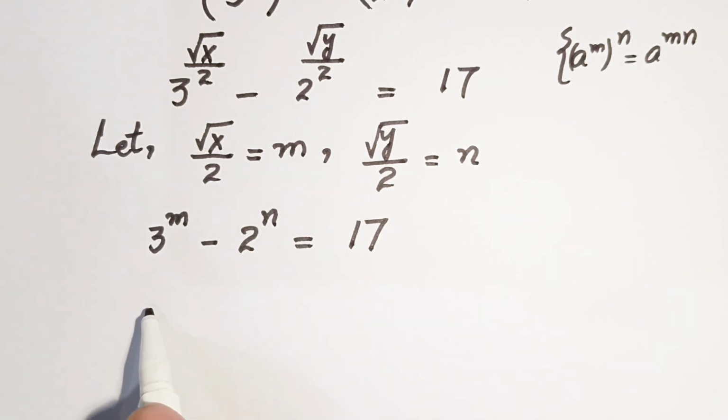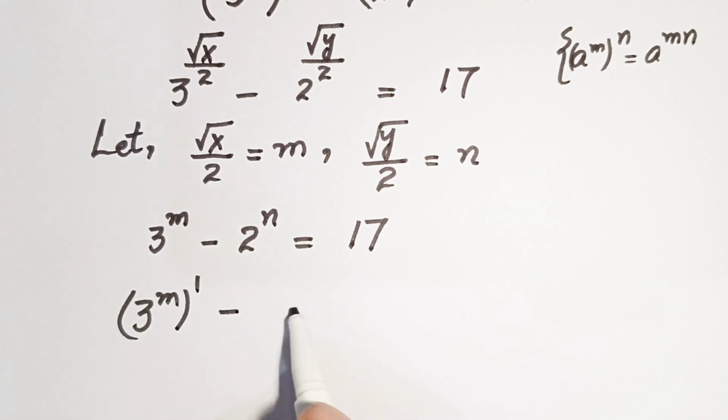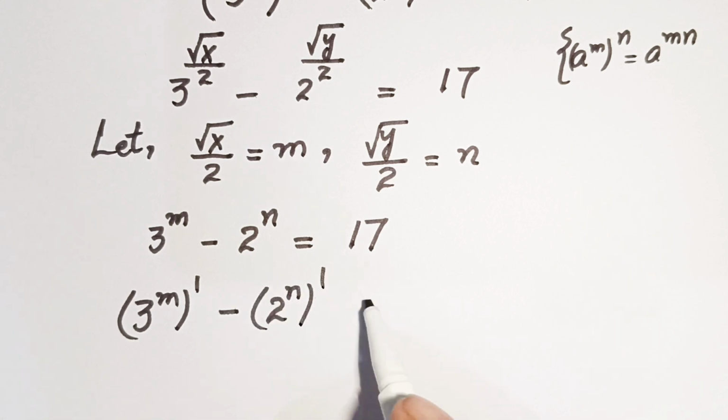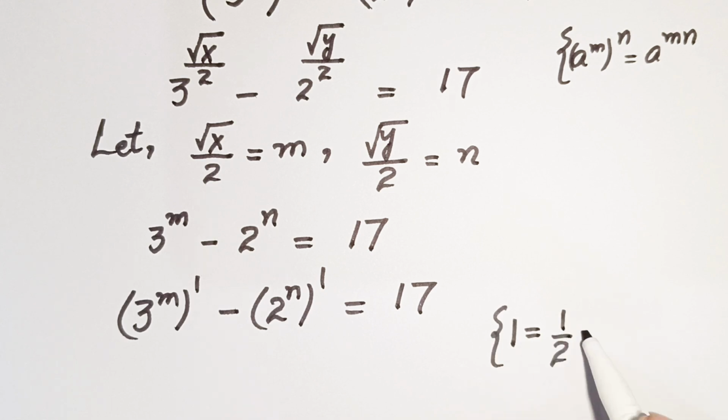Now if we write (3^m)^1, there is no difference between these two steps. Similarly (2^n)^1 is equal to 17. Here we can write 1 as 1 over 2 times 2. Cancelling 2 with 2, we get the same result.